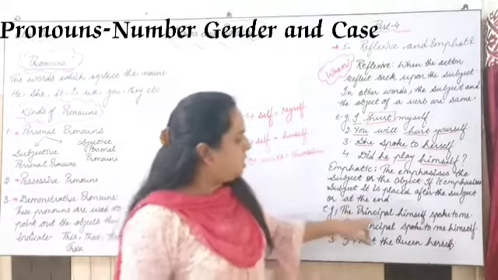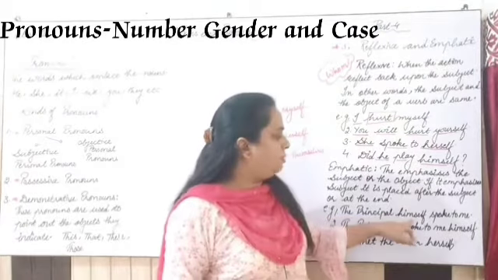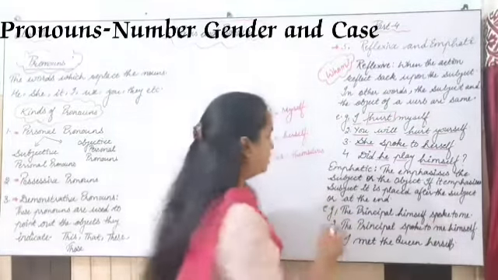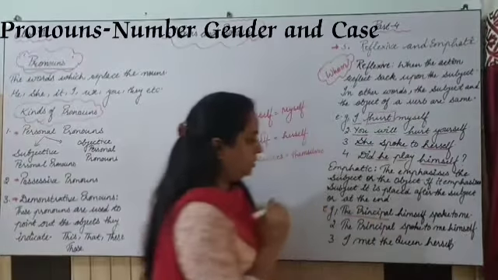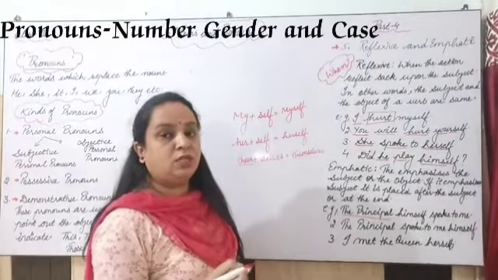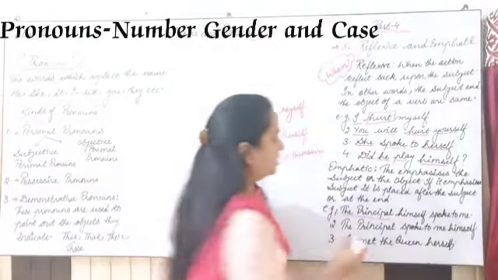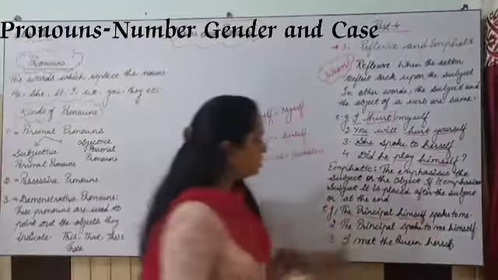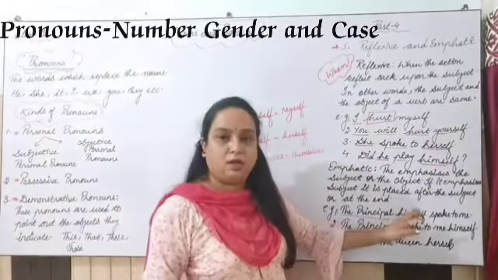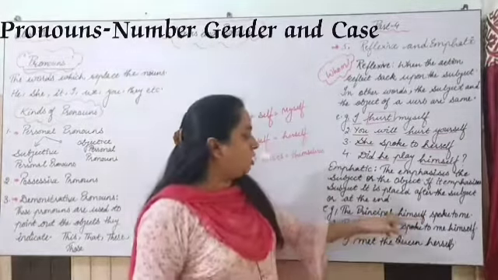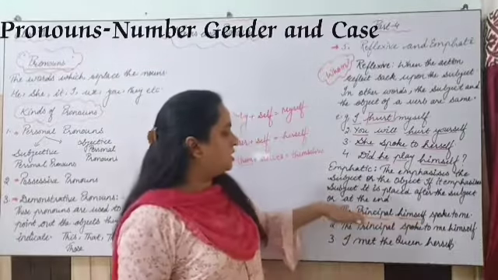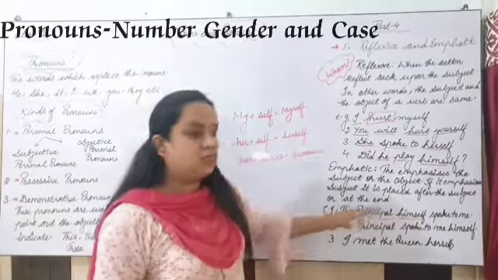The principal himself spoke to me. Now here see, the subject is the principal, right? And the object is me. This principal is here, and the word himself is just after it. So this is before, means this is in the subject itself, at the starting.